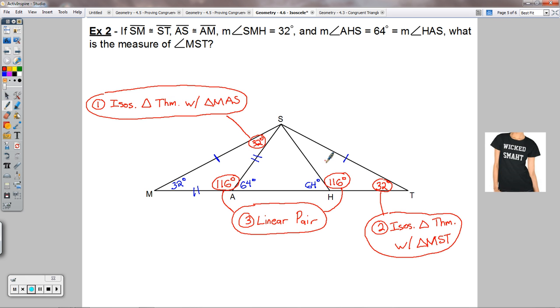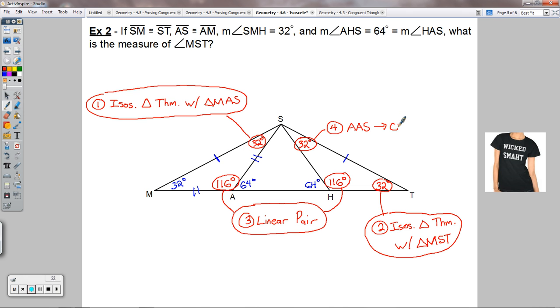That would allow me to say, in turn, that this one would have to be the same as this one, because this is a corresponding part of congruent triangles. If we use angle, side, that proves that's true. So that's a fancy way to figure out that that one is 32 degrees. So step 4, we can say angle, side, that proves those two triangles are congruent.